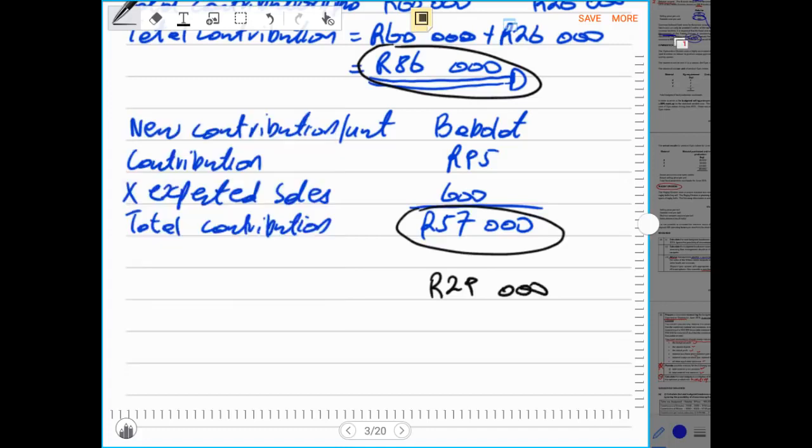So surely from this perspective, the company should not continue with their pending decision, which is aiming to discontinue the sale of the Wilson product. That is a no-no, because the profit is very high in comparison, and they will be reducing their contribution by 29,000 rands.